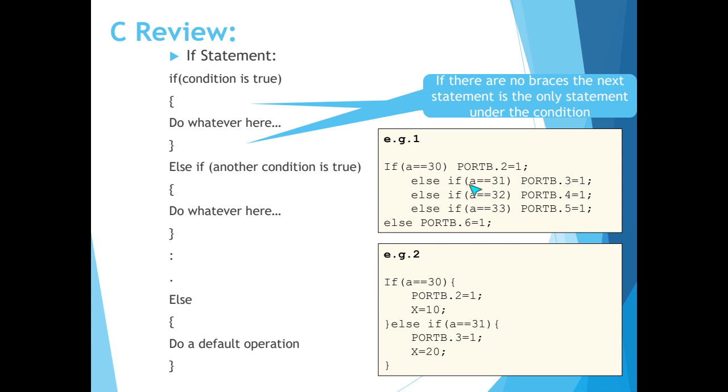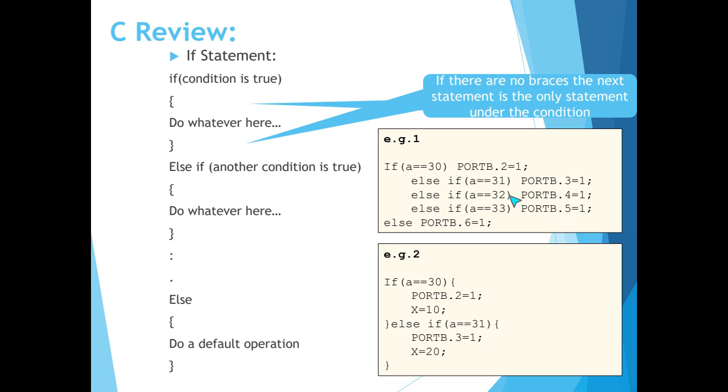Now if this statement is not true, then another, the second else if condition, is considered. Else if A is equal 32, port B dot 4 is equal 1, semicolon, until the last else if condition, else if A is equal 33, port B dot 5 is equal 1.